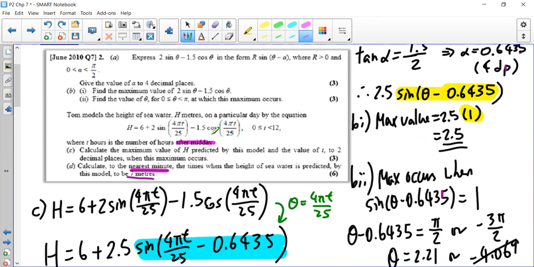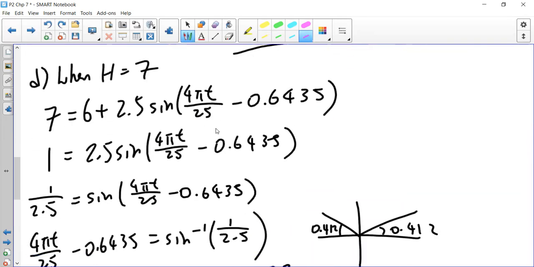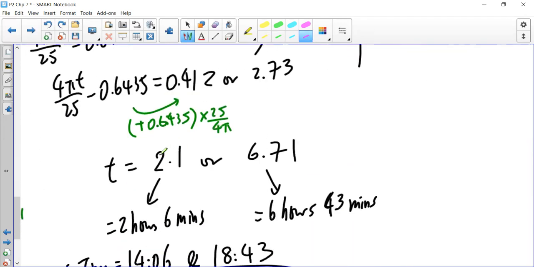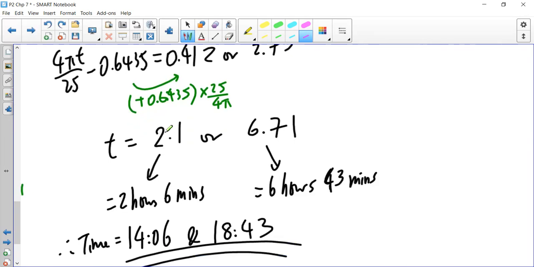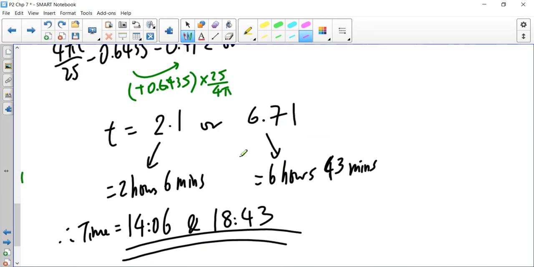That means t is the time counting from 12 o'clock at noon. So you have to turn this into minutes. 2 is 2 hours. 0.1 times 60 is 6 minutes. 6 hours. 0.71 times 60 is 43 minutes. So added to 12 o'clock, that's 14:06 and 18:43.